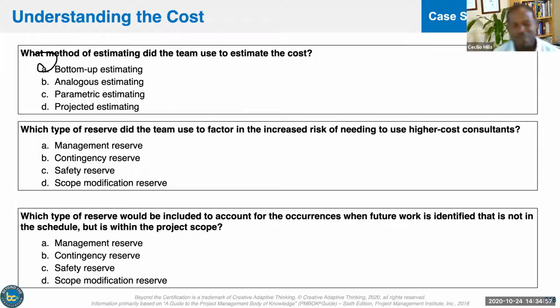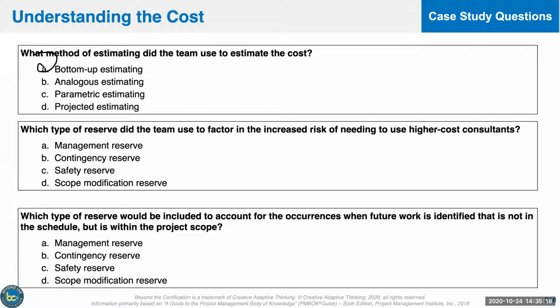All right. Number 2, what type of reserve did the team use to factor in the increased risk of needing to use higher cost consultants? So I didn't know the answer to this one, but I'm just gonna guess management reserve.